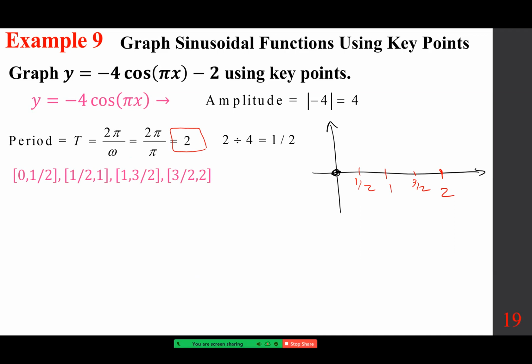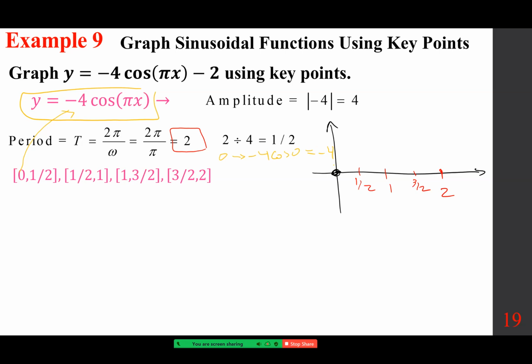If we look at this and we plug in 0, 0 gives us -4. Cosine of 0 is 1. 1 times -4 gives you -4.